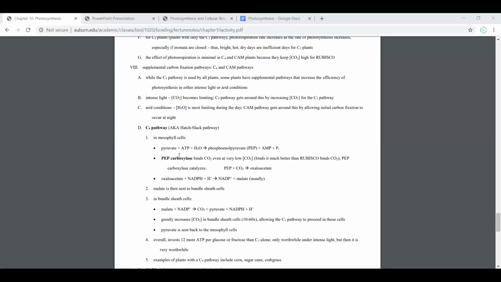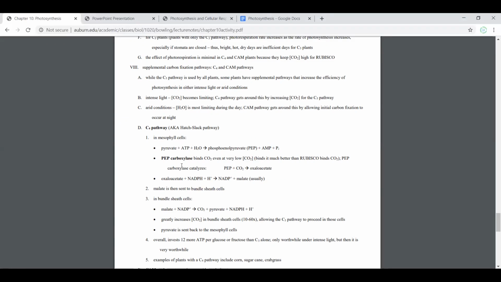But in these C4 plants, another reaction takes place in the mesophyll cells, and there's another set of cells called the bundle sheath cells. The bundle sheath cells are in C4 plants. This is actually where the photosynthesis and the Calvin cycle will take place. The mesophyll cells contain this extra pathway.